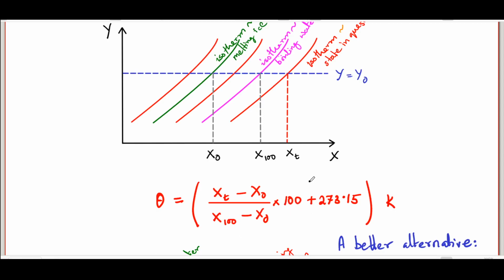Now this part would have given you the Celsius scale value, and if you want the Kelvin scale value, you have to add 273.15 to it. Now this essentially was the kind of scale that was used, at least until say 100 years ago, quite often, and is still in use now.